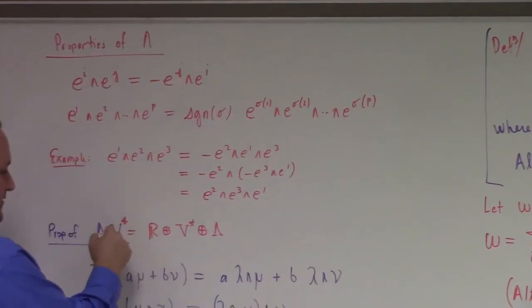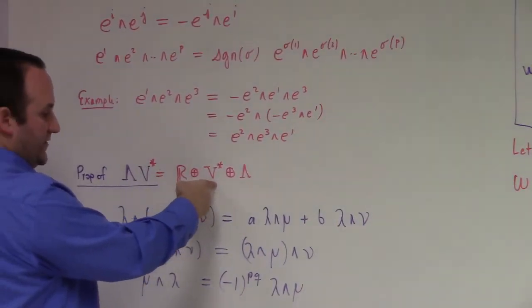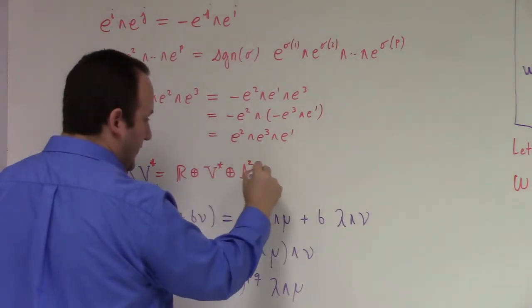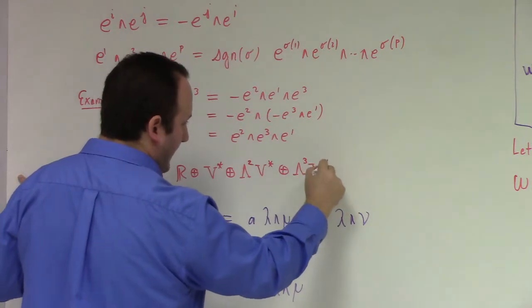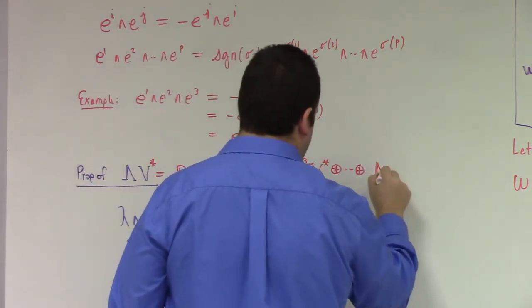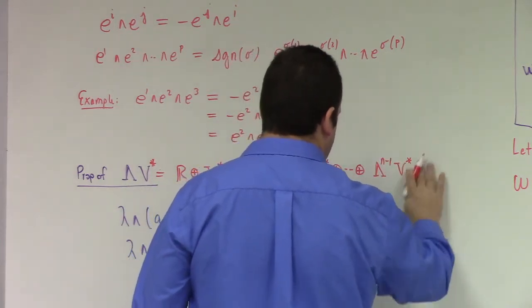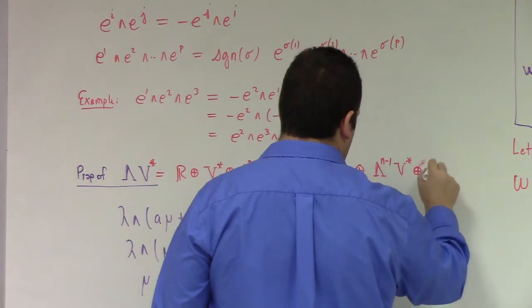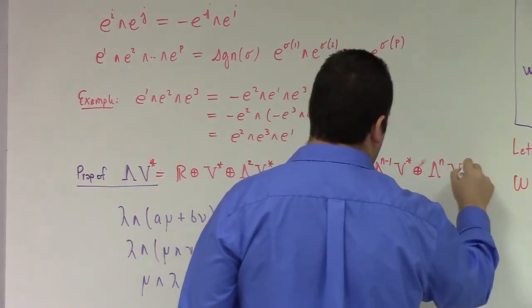So let's say the exterior algebra over V dual: the reals, direct sum V dual, direct sum the two forms, direct sum the three forms, and so forth, direct sum the n minus 1 forms, direct sum the n forms on V over V dual.